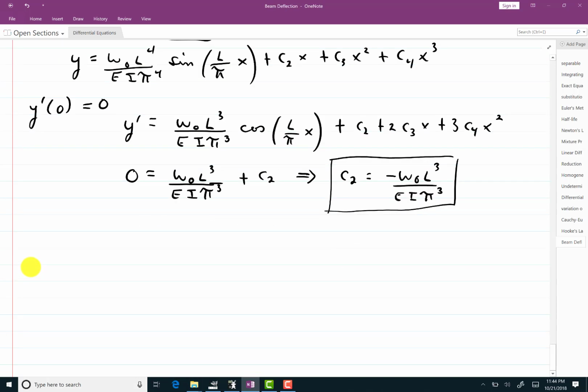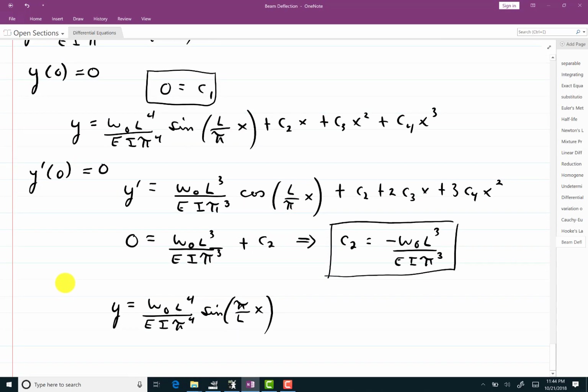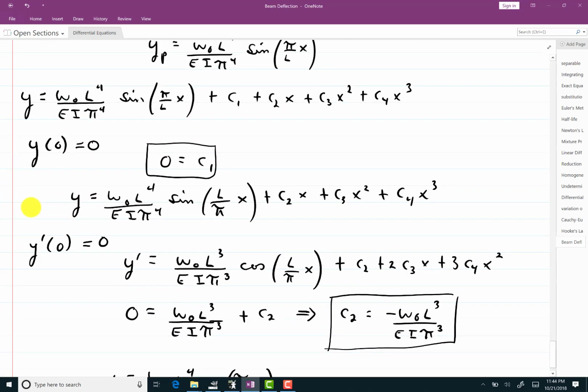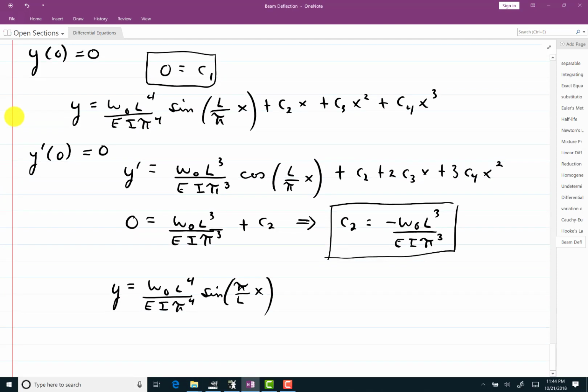So my new function then is y equals W naught L to the fourth over EI pi to the fourth sine of pi over Lx.